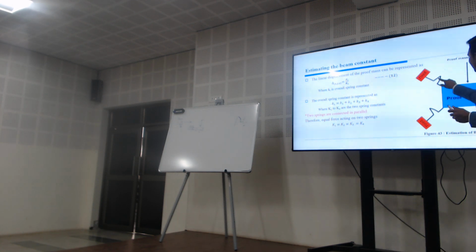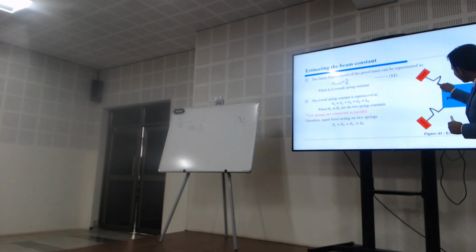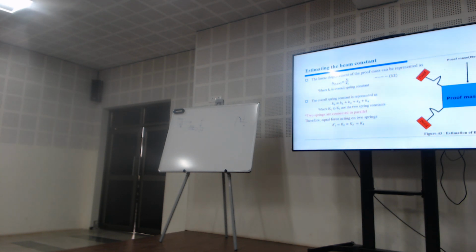Yes, because if I give straight beams, it will go only one way. So here, see, I gave some kind of arc structure. Due to that, it can move in X, it can move in Y. It can move in Z also. Due to this bending, it can come up also.